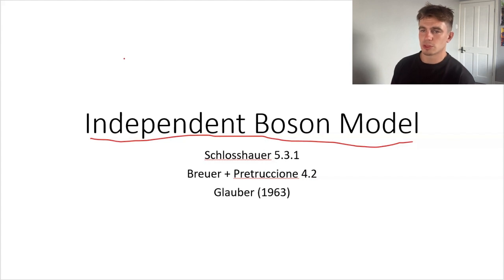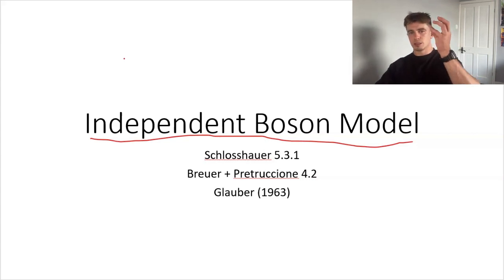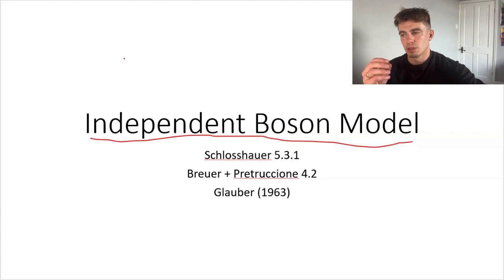I'm using the reaction coordinate mapping together with full counting statistics, and by looking at the independent boson model, I'm able to test how well this calculation technique works, because I already have the answer in the independent boson model. So if I get the right answer with my method, then that gives me some confidence that I can use it in more interesting models like the full spin boson model that doesn't have an analytical solution.